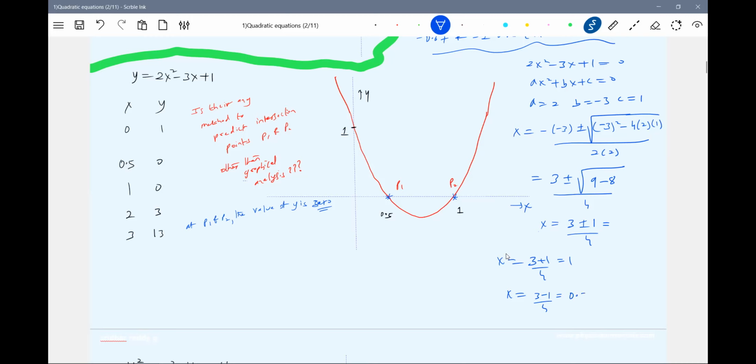So this will become 0.5. Very much, no? Or, no, sir, I didn't like this. Okay, you go for graphical method. Put x equals 0, 1, 2, 3, 4. We are not sure where exactly the curve will intersect. It's a very difficult thing. So this will be the best method, no? Easiest method.